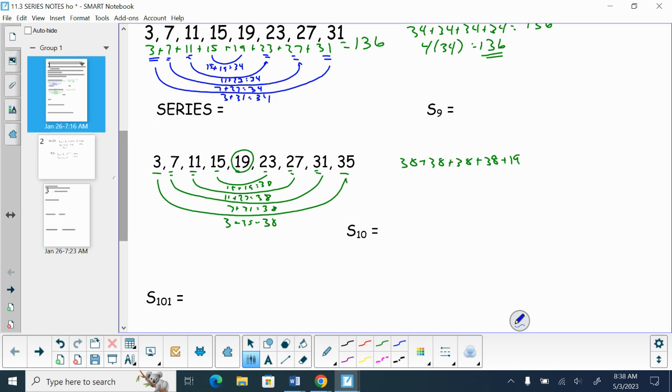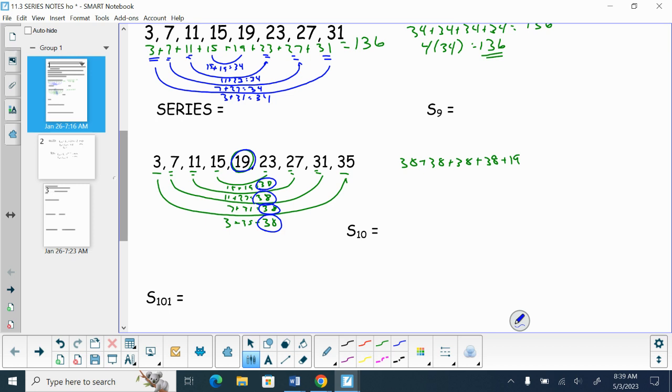Well, if we take a look, we have 4 38s, and then we have a 19. What could we do to 38 mathematically to get back to 19? Two things we could do. Divide by 2 or subtract 19 from it. Okay, we can divide by 2 or subtract 19.